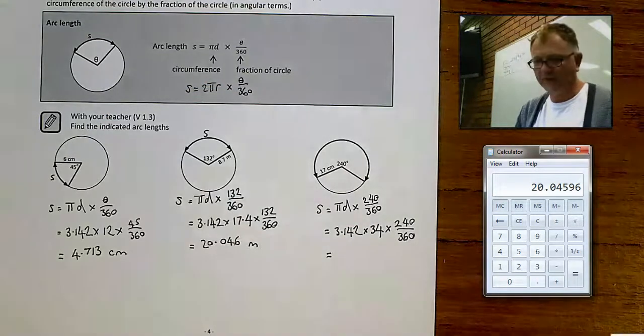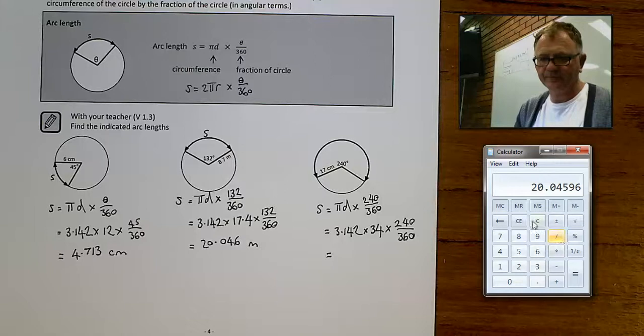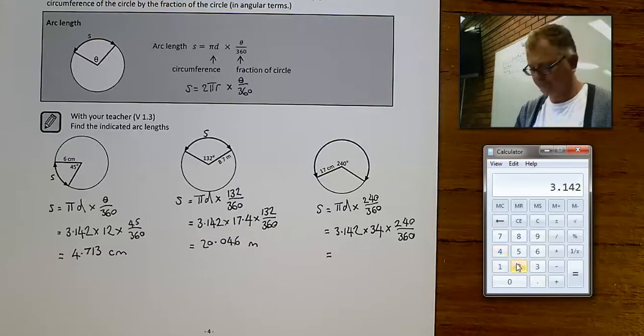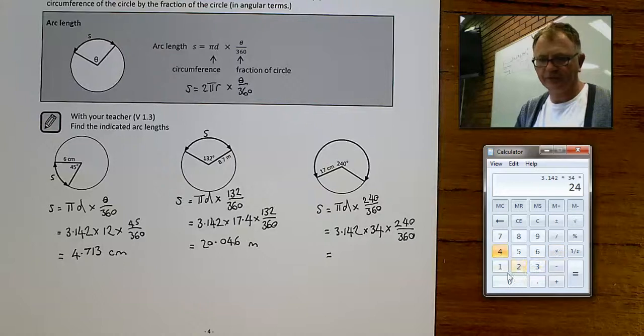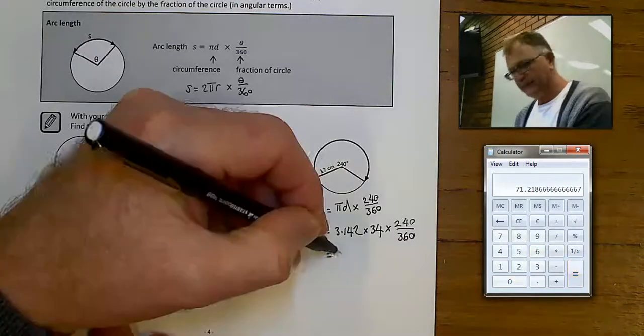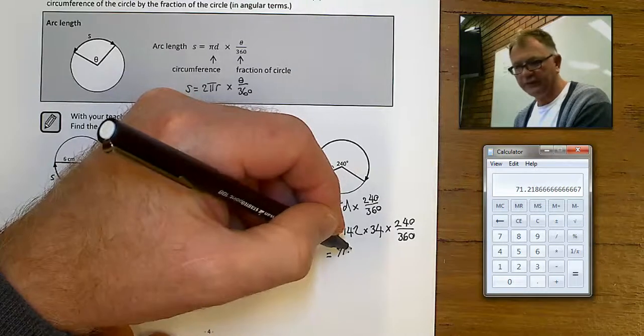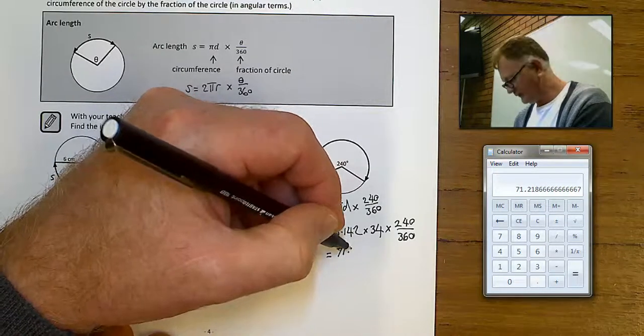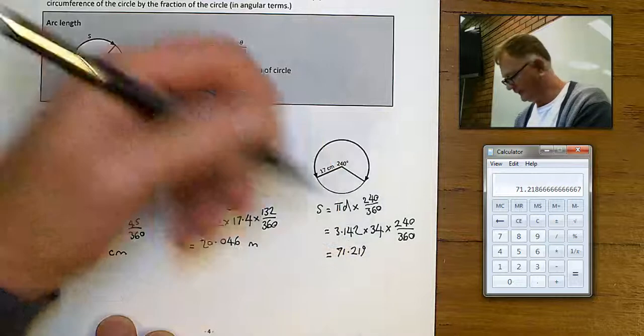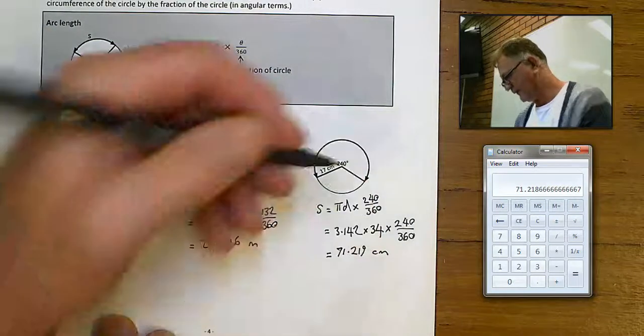Work out our answer on the calculator, times 240 divided by 360 equals 71.219 to 3 decimal places. Centimetres is the unit of the answer.